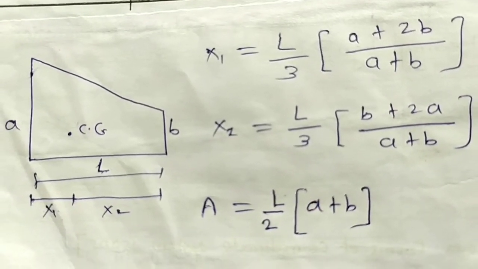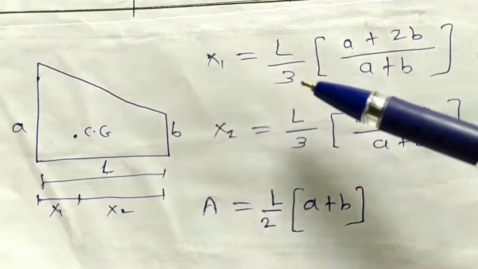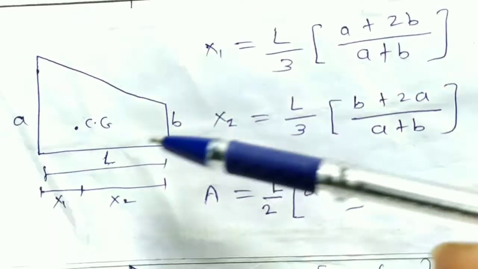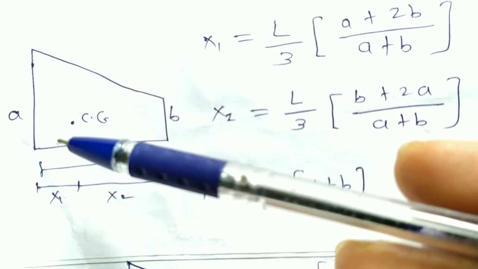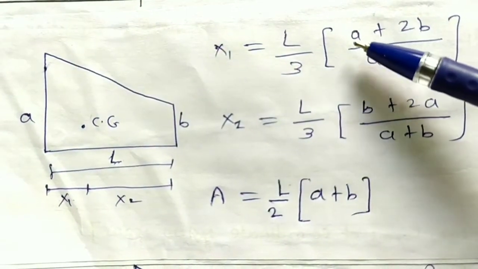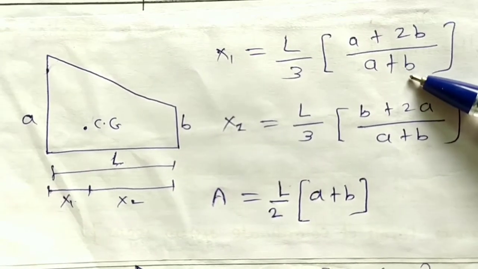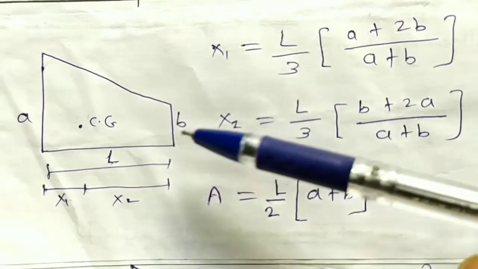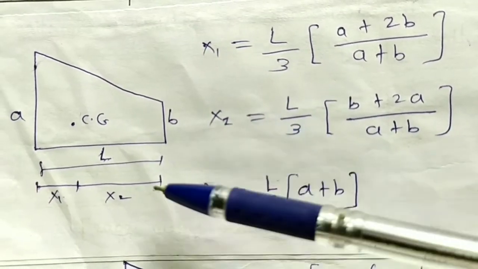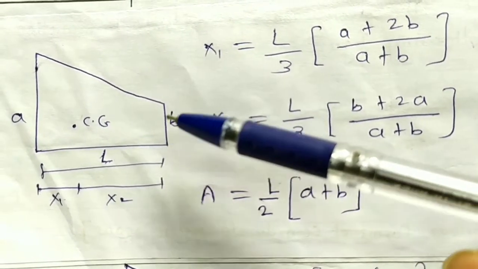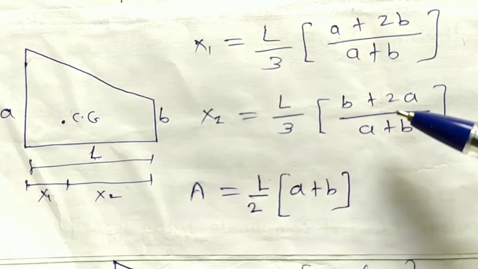Of course, you are not required to keep in mind both formulas. Suppose I want to measure x1, which is the centroid distance measured from the A side. First of all write A plus twice of the next, divided by the addition of the total A and B. Same way you can write x2. Here the x2 distance is measured from the B end, so first of all write B plus twice of the next. Likewise you can keep in mind this formula.